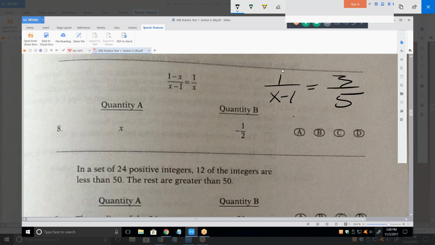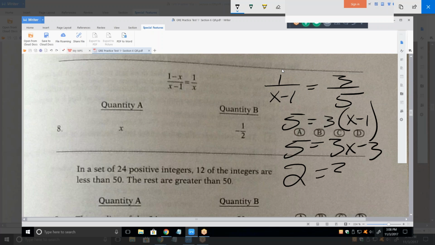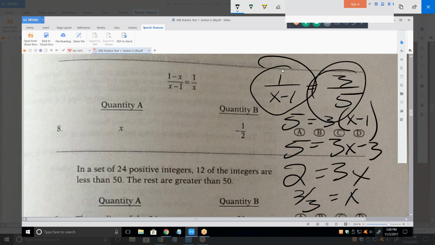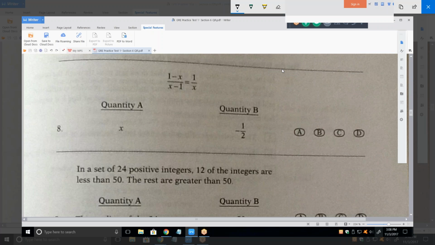Which gives you 5 equals 3 times x minus 1, which gives you 5 equals 3x minus 3, which gives you 2 equals 3x, which gives you x equals 2 divided by 3. So when you see a fraction equals another fraction, even if there's variables everywhere, cross multiply. Okay. Thank you. All right.